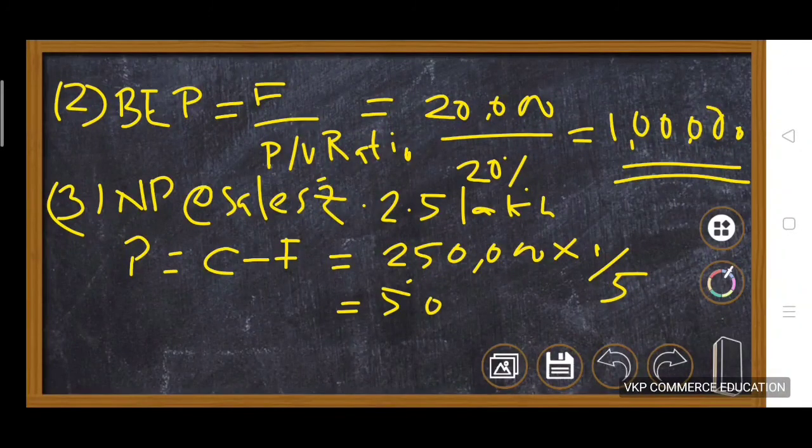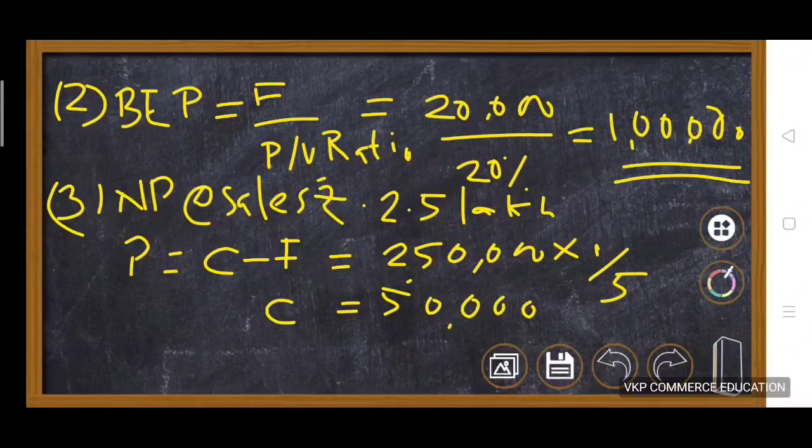So contribution is equal to 50,000. Now we are going to calculate profit. Profit is equal to contribution minus fixed cost.